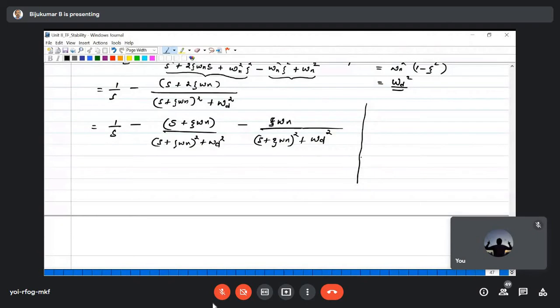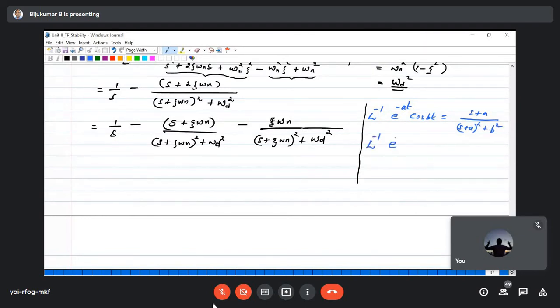So what are the things you can observe from here? And write Laplace inverse of e power minus at cos bt. What is it? This is s plus a divided by s plus a the whole square plus b square.